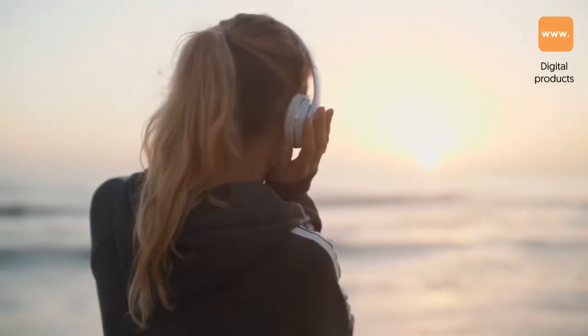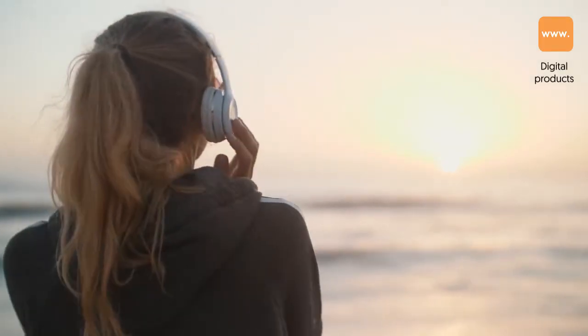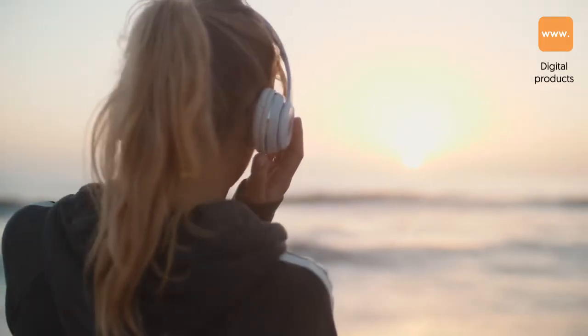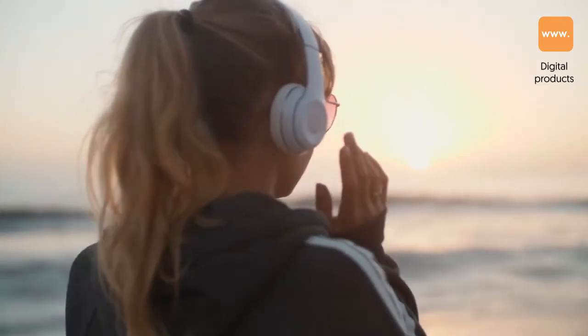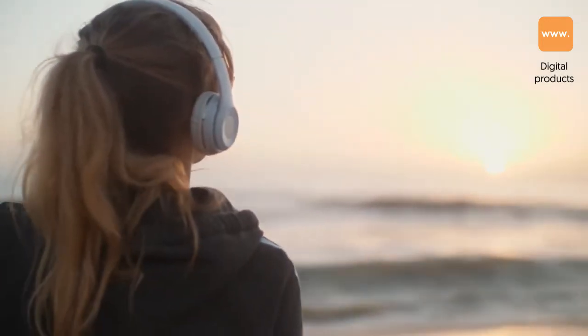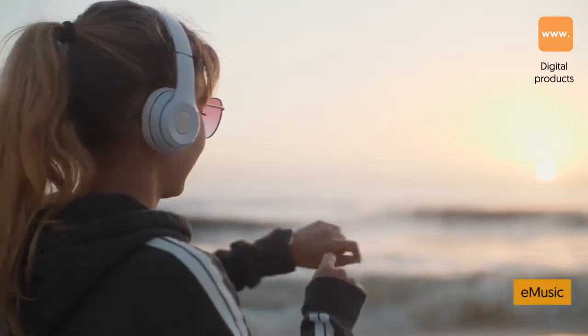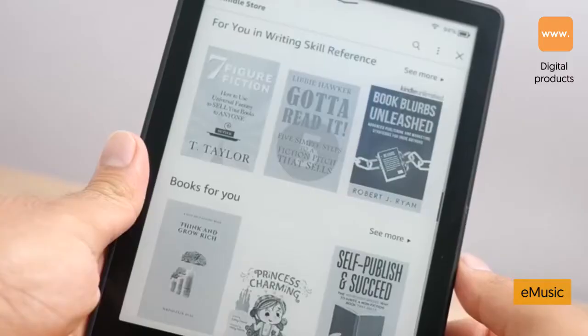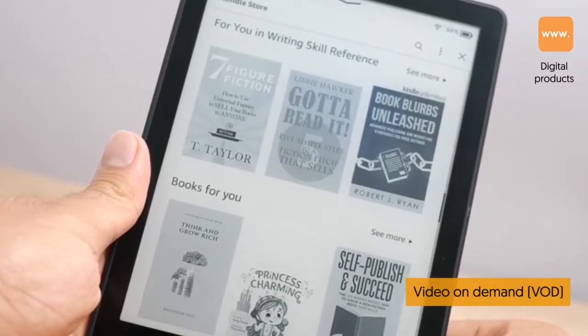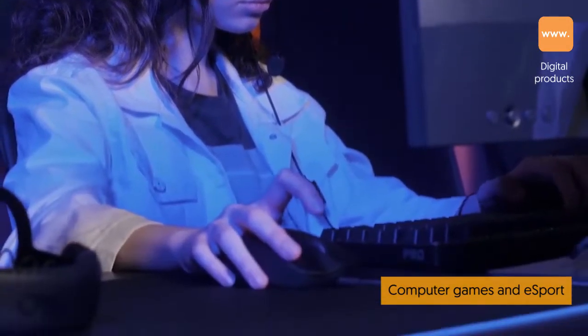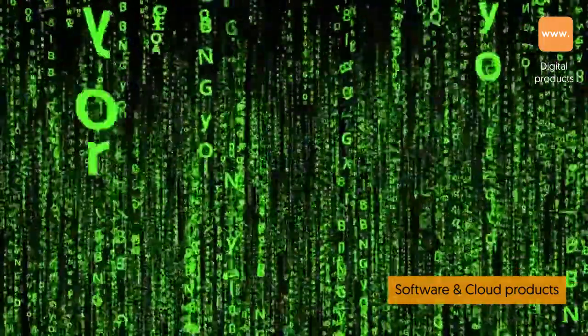The nature of digital products is that they have no tangible shape or form, so they can be stored and transformed electronically over the internet. These include digital music, digital books, video on demand, computer games, and e-sport, and we also have software and cloud products in this group.